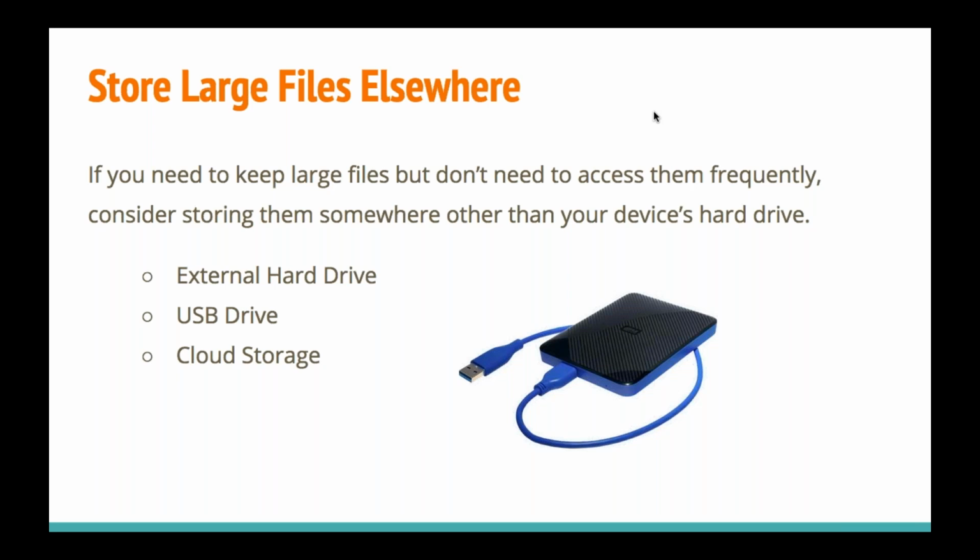This is basically a second computer hard drive. You can get them with lots and lots and lots of room. You can plug it into your computer in order to access them. And for example, if you have a ton of old photos, but you don't need to see them very often, or old video clips, things like that, those might be good candidates to store on an external drive.